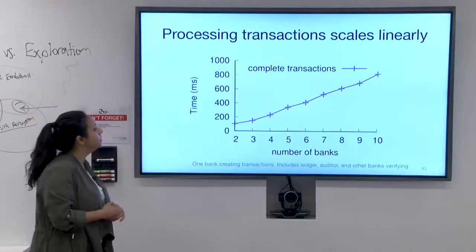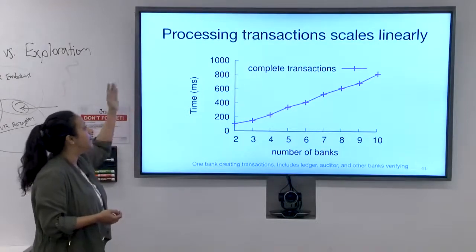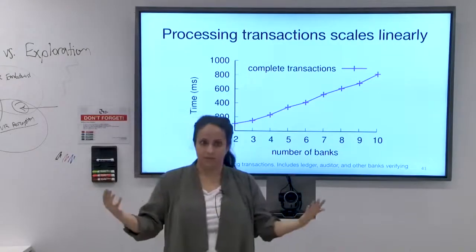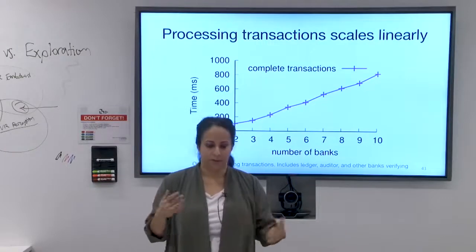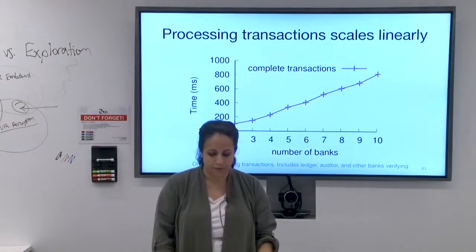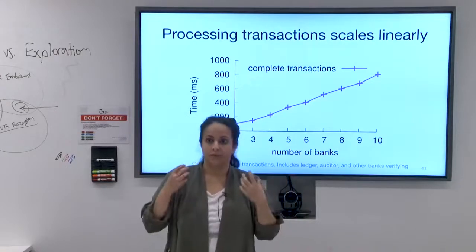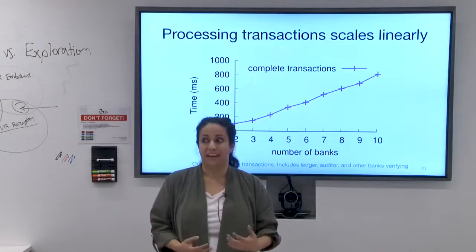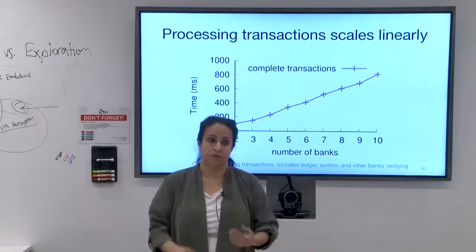And what we see here is that with 10 banks, it's about a second, or 800 milliseconds, to create a transaction, which is not unreasonable. Again, this achieves the multiple per second we were looking for, depending on the number of banks. However, it is linear in the number of participants in the system. So something like this is not really suitable for a setting like Bitcoin, where there are thousands, if not millions, of participants in the system.